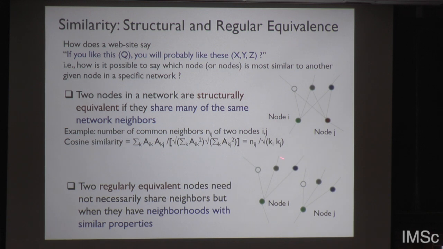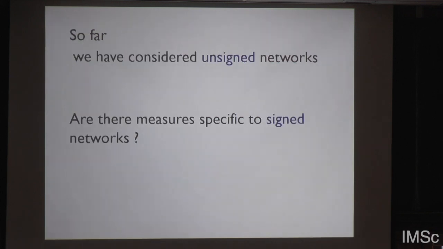Sometimes you also talk about regular equivalence instead of structural equivalence, where you say that, okay, I do not need to have exactly the same set of neighbors as the other node to be equivalent to that node, but rather they would look similar. So in this sense, for example, node i connects to three nodes of a particular property, and node j also connects to three nodes of that particular property. Although they are not identical, they are equivalent, and so you have a regular equivalence of two nodes.